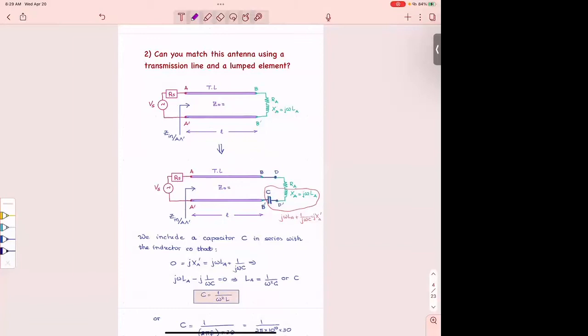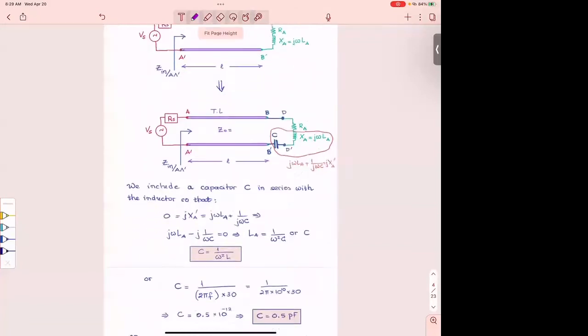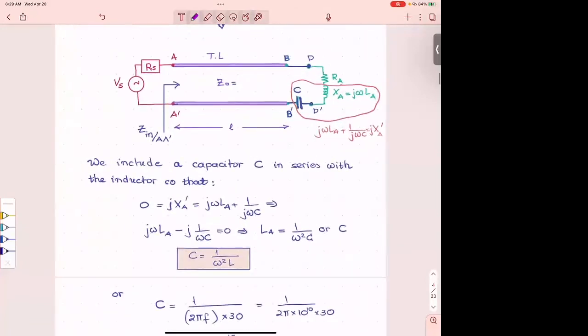That's my goal. If I put the reactive part of this equal to 0 here, then I can find a value for C. And in fact, I don't even have to find this by itself.